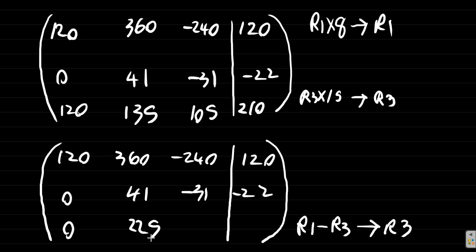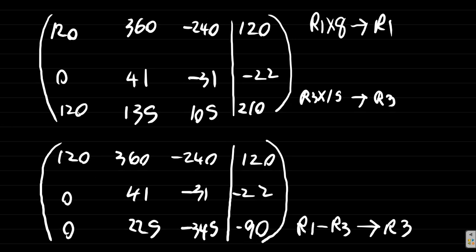And then negative 240 minus 105, so at negative 345. Then 120 minus 210 will give us negative 90.